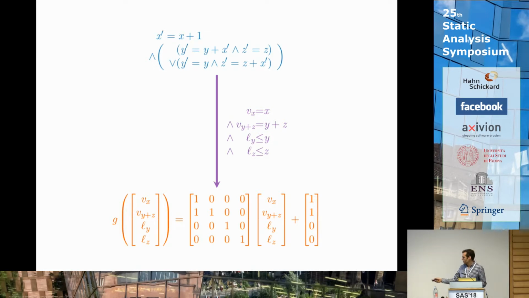So the action of G is just the identity on these two additional dimensions. And the relationship between these two new dimensions and the transition formula is given by these inequalities. They say that Ly is a lower bound for y, and Lz is a lower bound for z. So I'm going to be able to use this to prove that y and z are increasing throughout the loop.